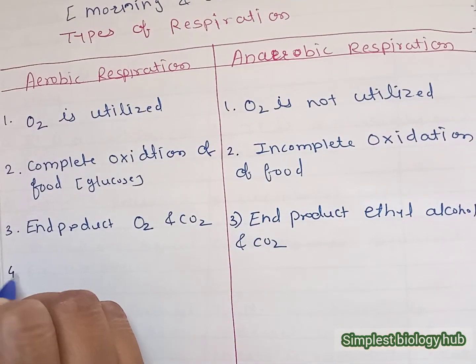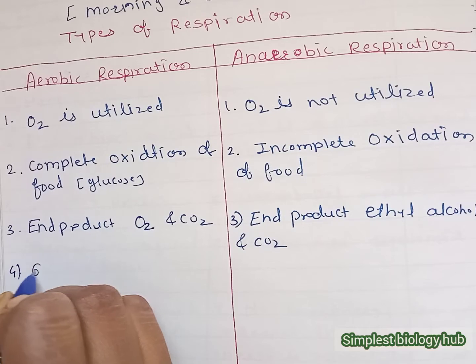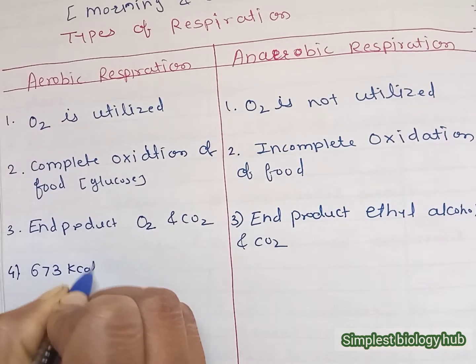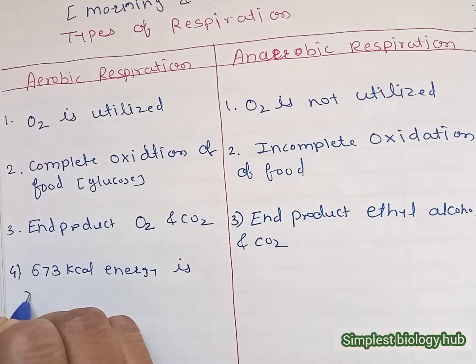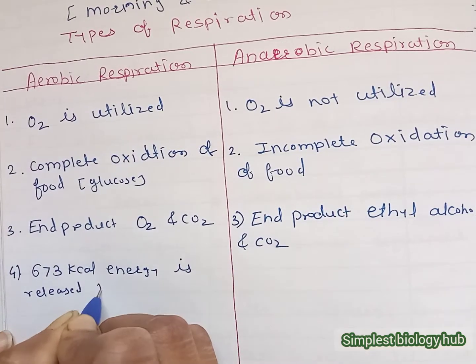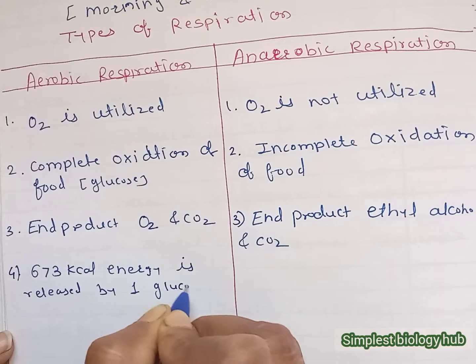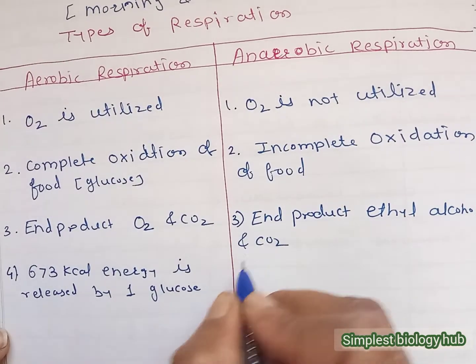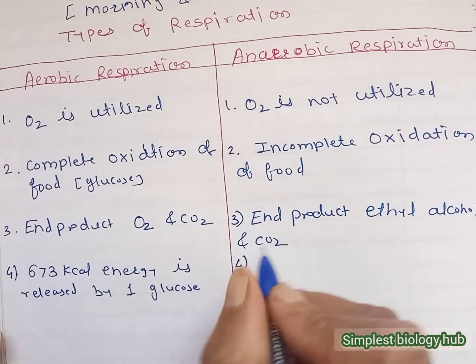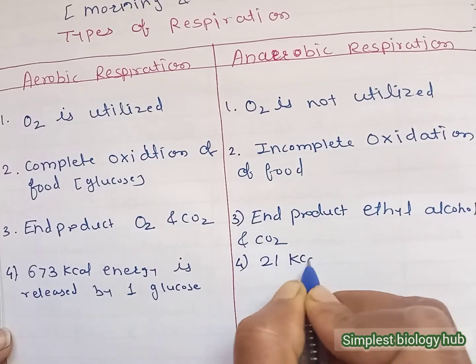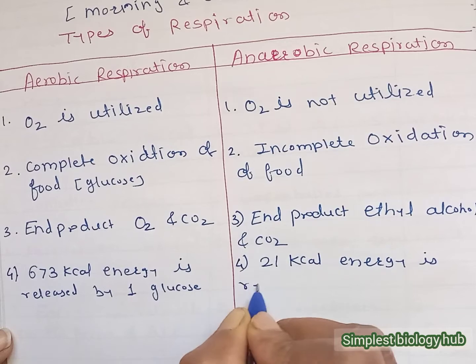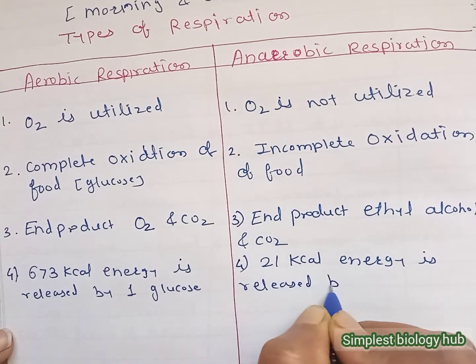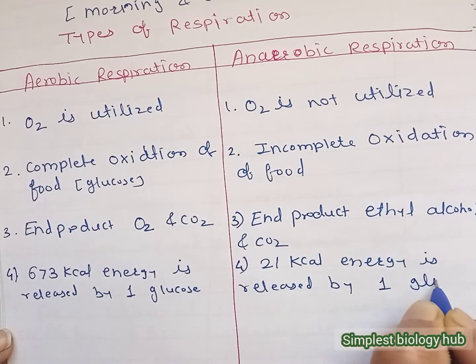In aerobic respiration, 673 kilocalorie of energy is released by one glucose molecule, or breaking down of one glucose, while in anaerobic respiration, only 21 kilocalorie of energy is released by one glucose molecule.